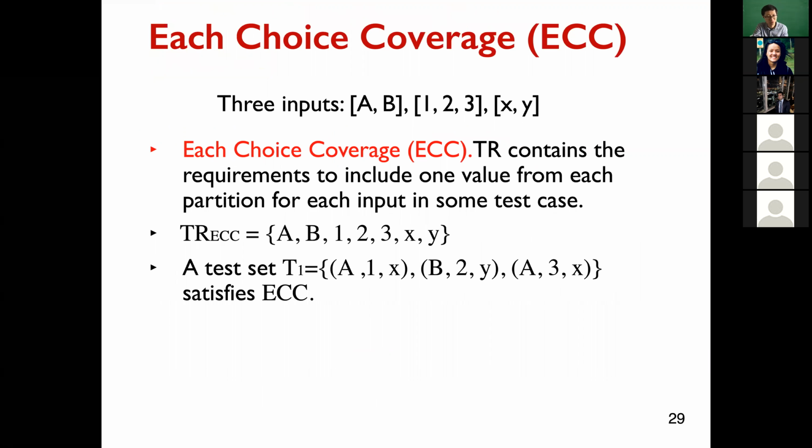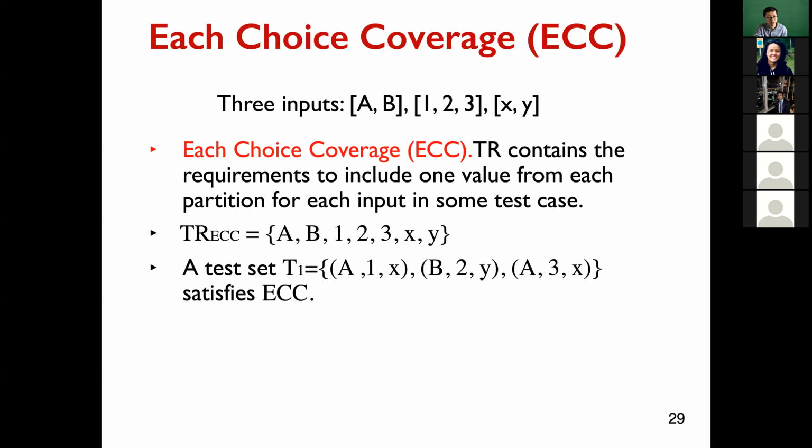The second approach is what we actually discussed in our lecture for software testing, right? We use each choice coverage. So we only need to cover one representative value of one partition for each input, right? In this example, we just need to cover each value once. Okay. So we can design a smaller set of test cases.